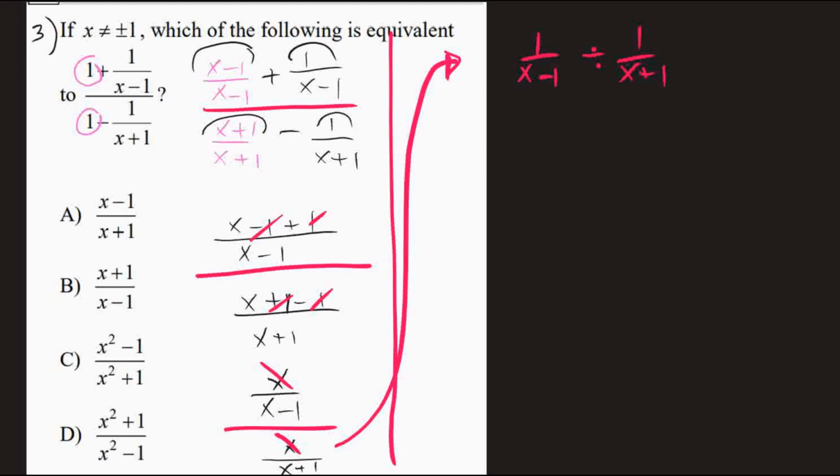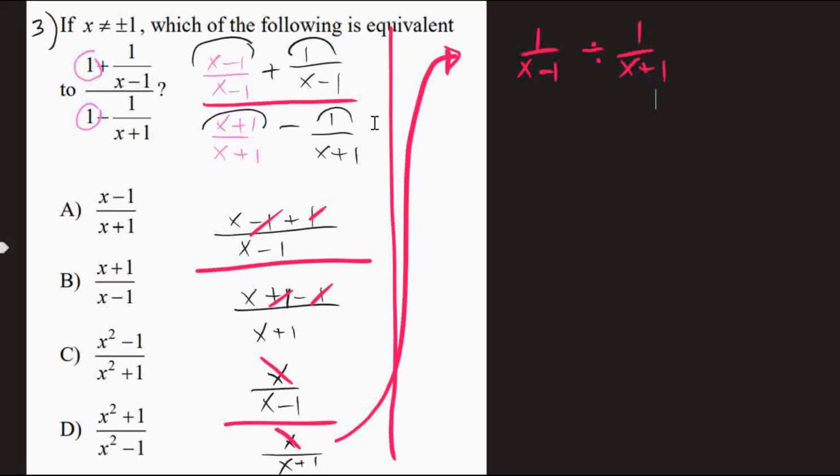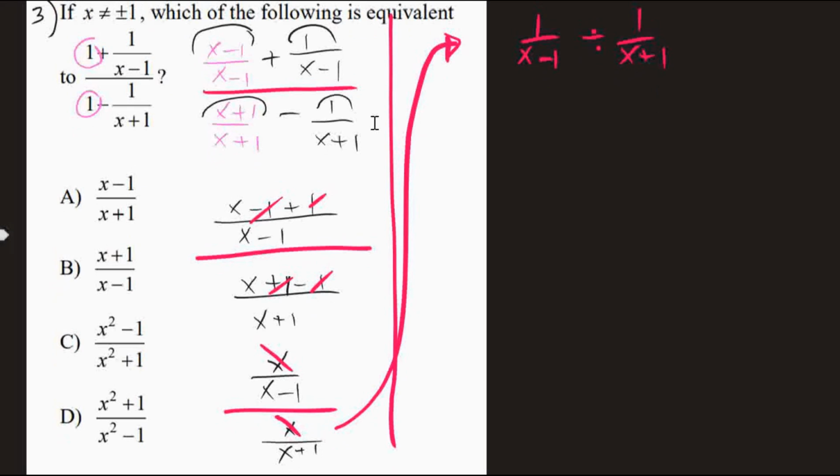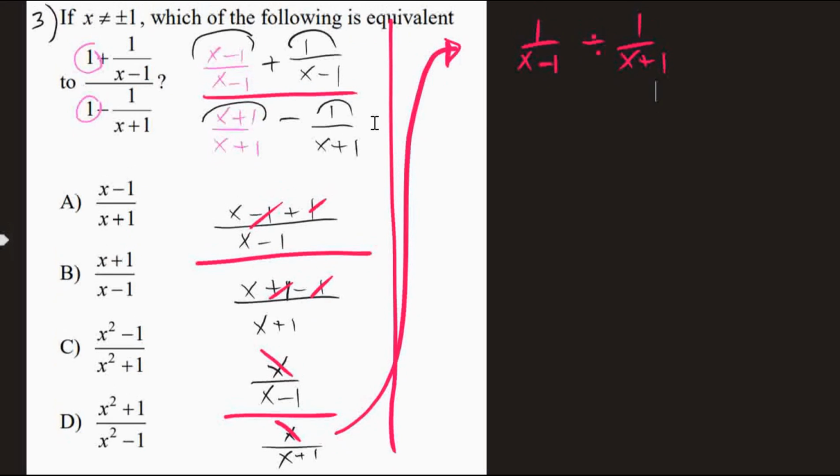So now we just have to count accordingly. Divide, we change into times, and we have to flip this. Don't forget that. Plus 1 over 1. That is how we change the division of a fraction.